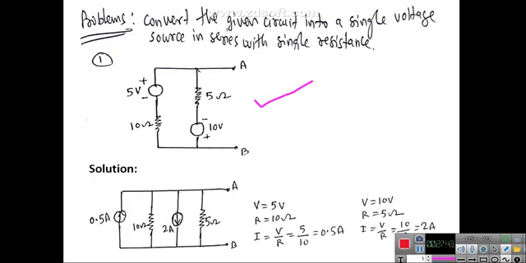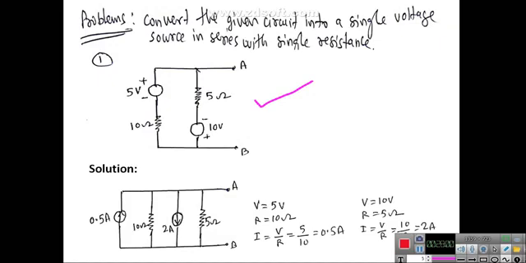One voltage source is 5 volts in series with 10 ohm, and another is 10 volts in series with 5 ohm. What is asked is to find the single equivalent voltage source in series with a resistance.